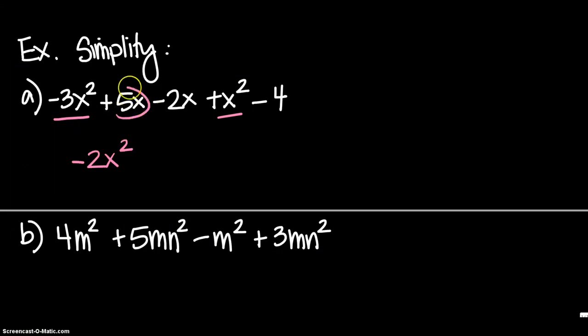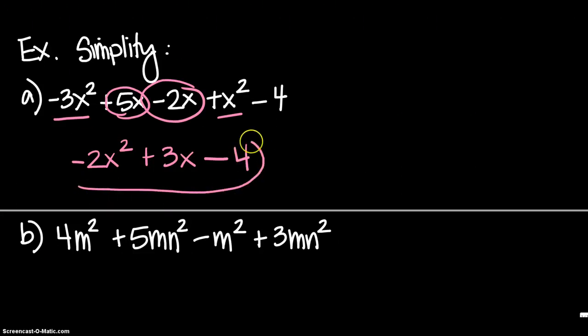I have a 5x and a negative 2x, which gives me plus 3x, and then this lonely number 4, it doesn't have anything but itself, so this is simplified. There's nothing else I can do at this point because x squared can only go with x squared, x can only go with x, and 4 can only go with 4.